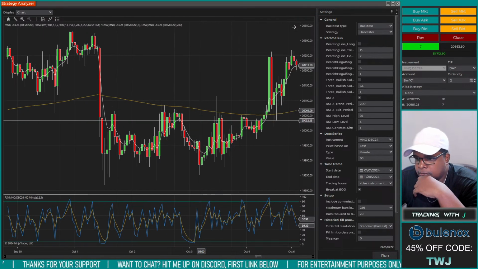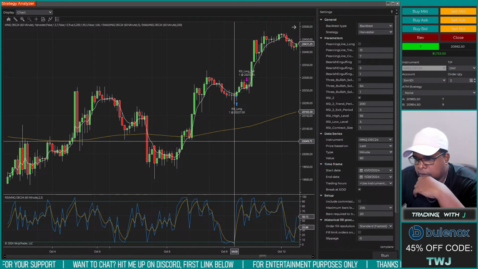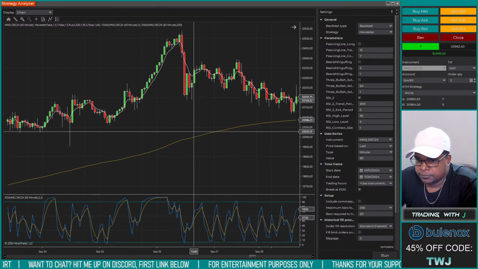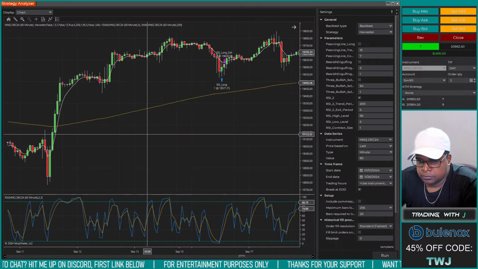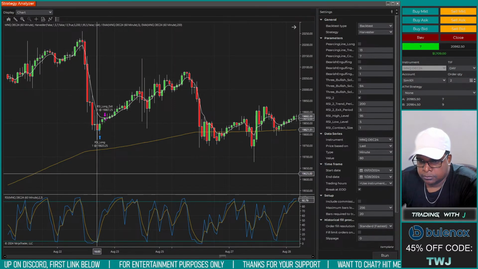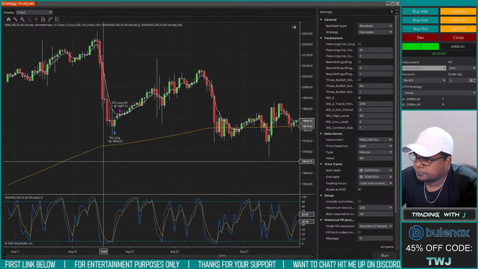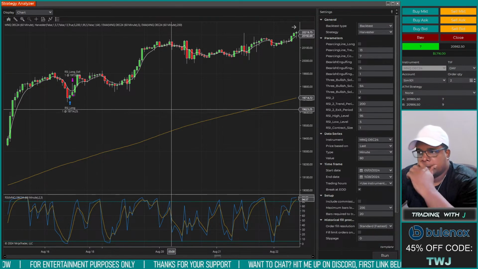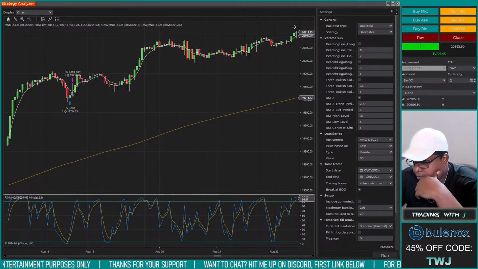Checking cross. Just below. Guys, that seems to be what's going on, so we don't want cross below.